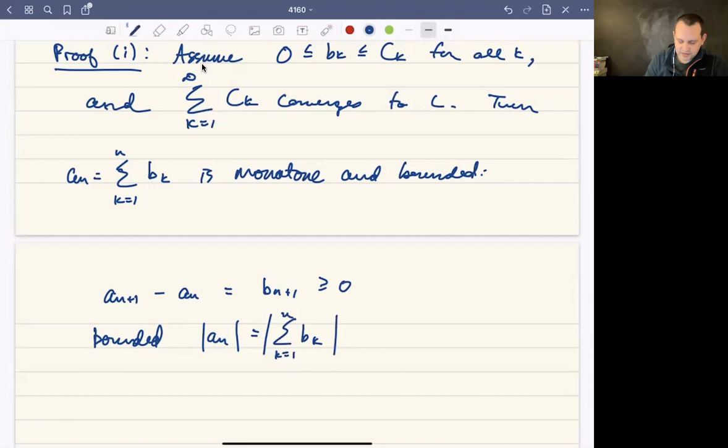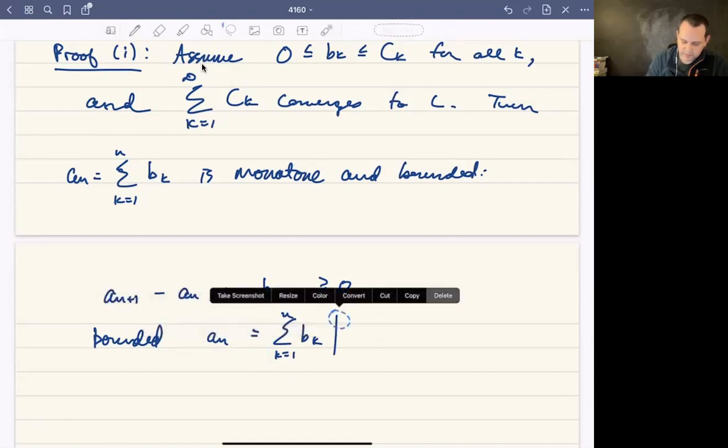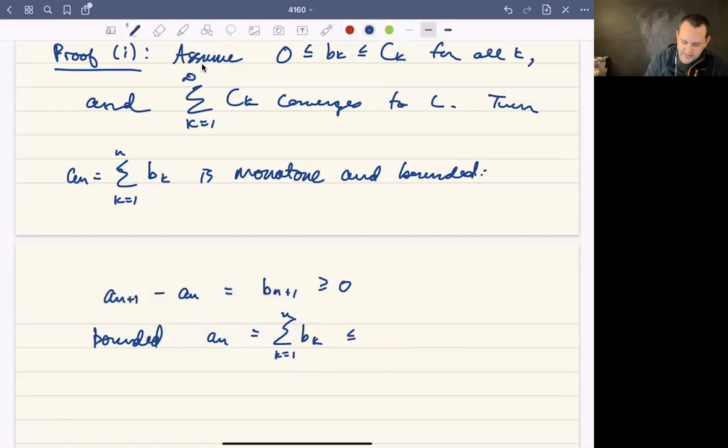And we don't even really need the absolute values here, because everything is positive. And that's less than or equal to the sum of c sub k, k goes from 1 to n, which is less than or equal to L, because again, c sub k is greater than or equal to 0, so this is going to converge by increasing to L. So a sub n is also bounded above by L.